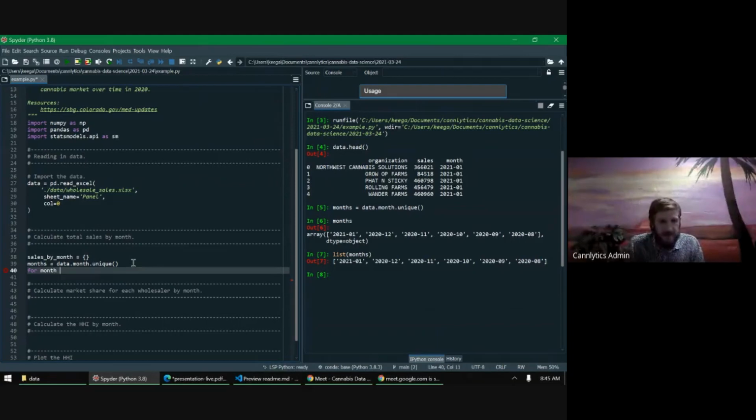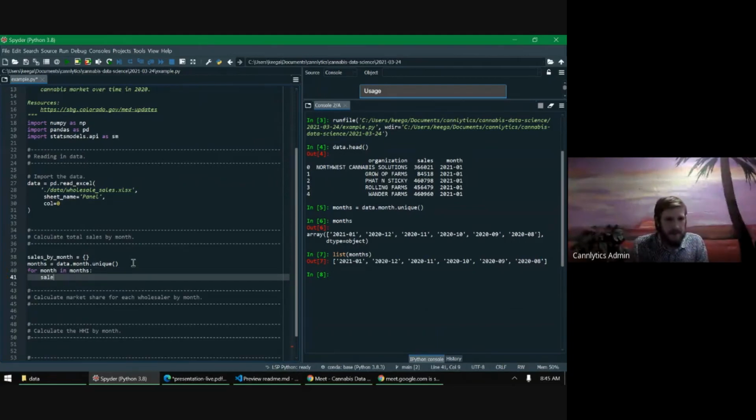So for month in months, we'll just need data.sales.